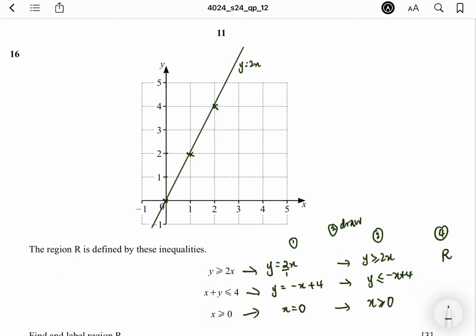Next one, y equals minus x plus 4. You start at 4, good. Start at 4. What is the gradient? Minus 1. So 1 over minus 1.